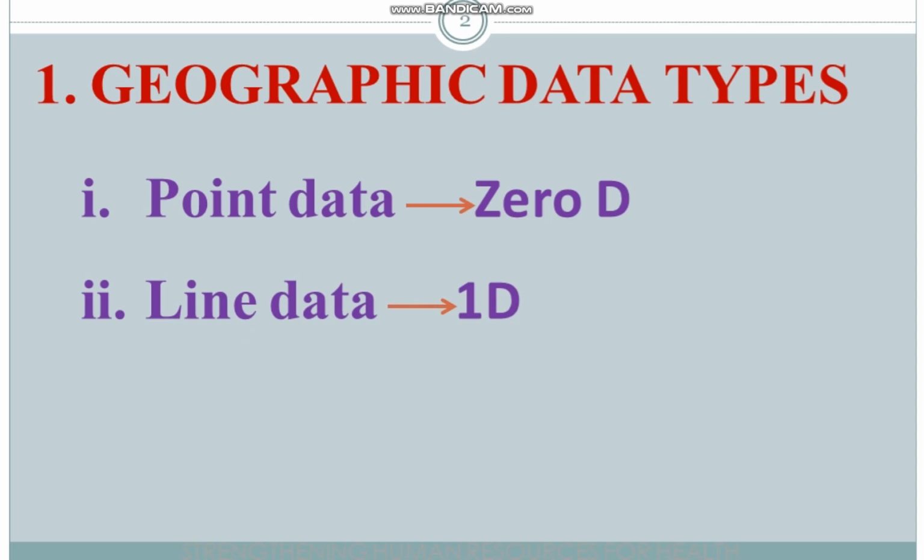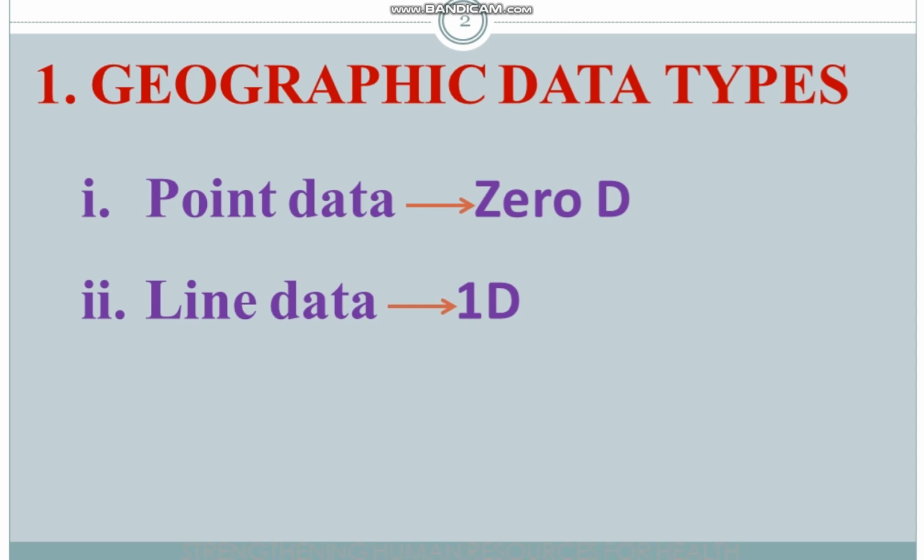Line data is one-dimensional, the continuous extension of dots; a collection of points can give us lines. These represent features that are linear in nature. Examples are rivers, roads, any line feature or boundary.